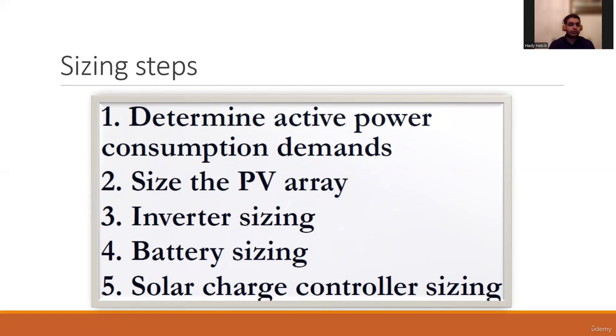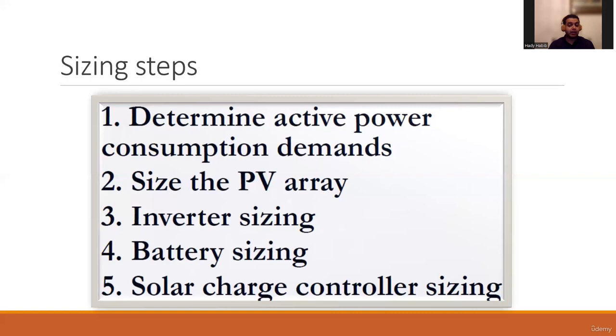The sizing steps that we are going to follow in order to design and size a 100% off-grid PV system are: first, determine the active power consumption demands that we need to feed by the 100% PV system. And then we are going to size the PV array that we need in order to generate electricity from the sun. And then we are going to size the inverter and then size the battery.